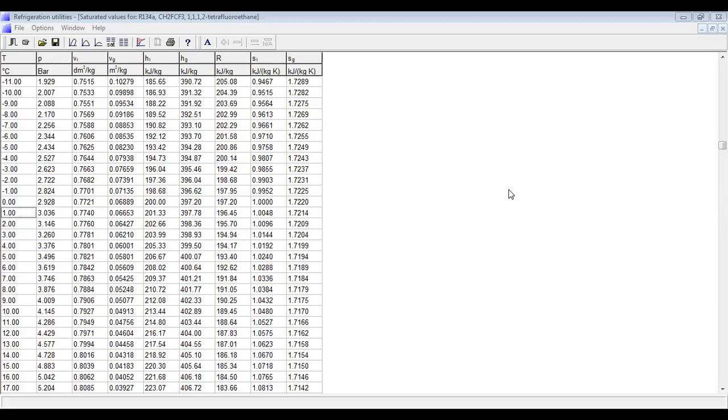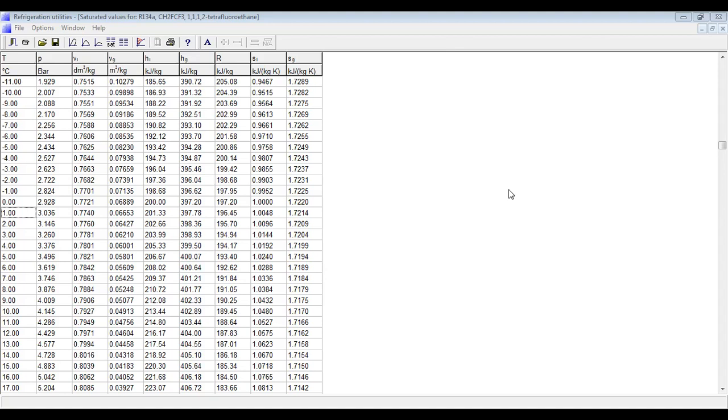Let's say if you can maintain a continuous process like this, you can continuously use this low temperature two-phase flow for cooling purposes.